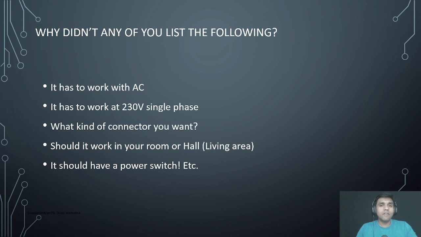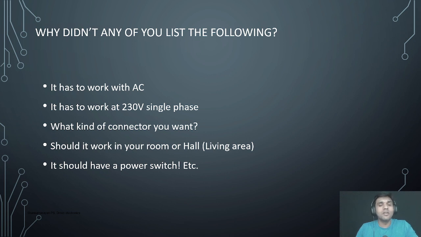None of you, or most of you, unless you are extremely crazy and already had an inkling of what I'm going to talk about, would have listed all these things, for a reason. Of course, all of us want a TV remote, even though it's the most essential thing that we want to get when we buy the TV, we would never have listed that.